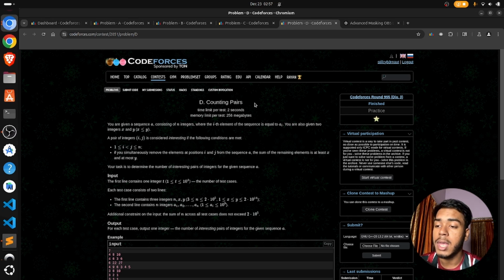Two, if you simultaneously remove the elements at the position i, j from the sequence A, the sum of the remaining elements is at least x and at most y. I will tell you after reading the entire question. And your task is to determine the number of interesting pairs of integers for the given sequence A. Okay, so the question is simple.